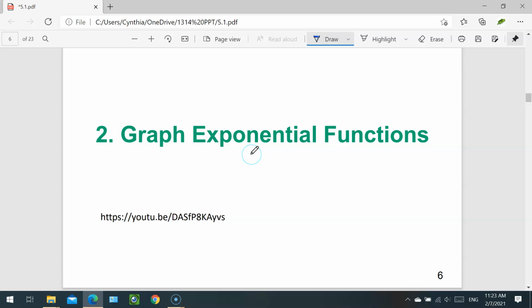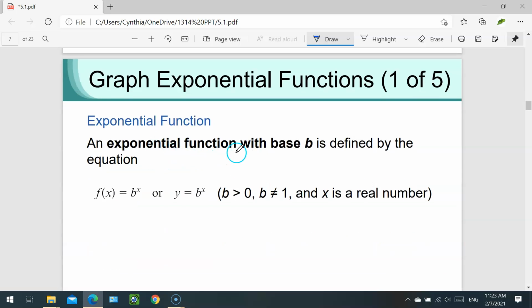Graph the exponential function. An exponential function with base b is defined by the equation f of x equals b to the power x, or y equals b to the power x.